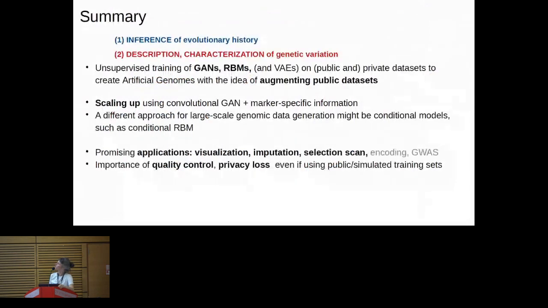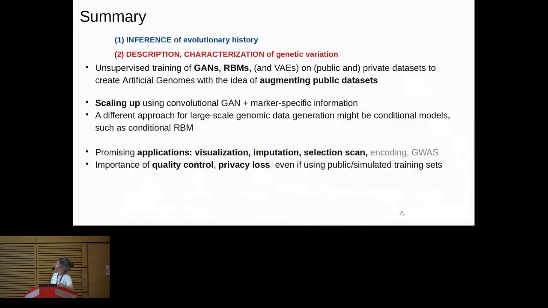So that's to summarize the second part. I showed that we could use GAN and RBM. I didn't show VAE, but we also tested those to generate data and try to augment public data sets that we could scale up using novel architecture. And in fact, the novel architecture also improved the produced summary statistics compared to the previous one.